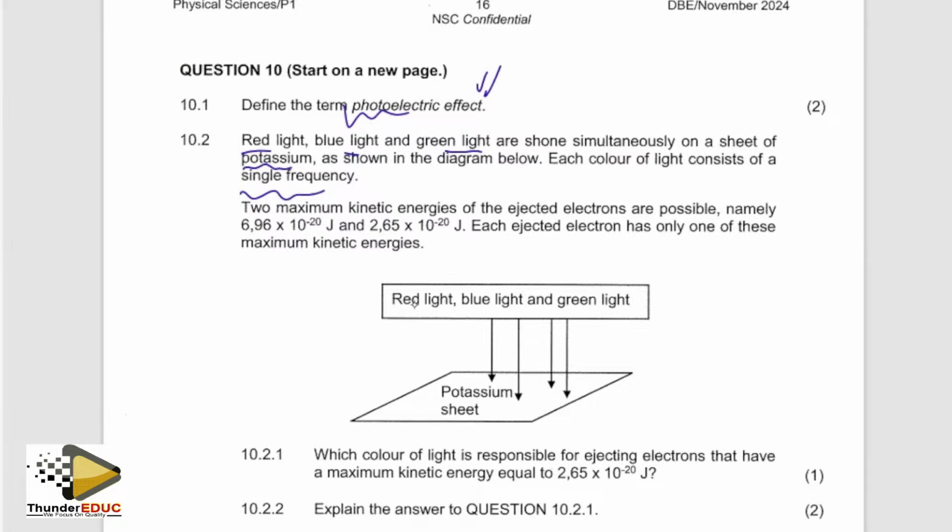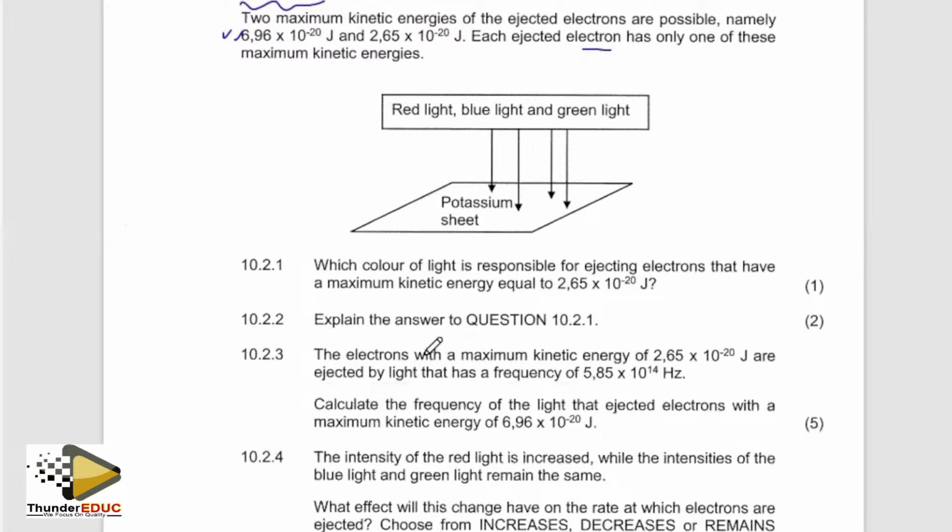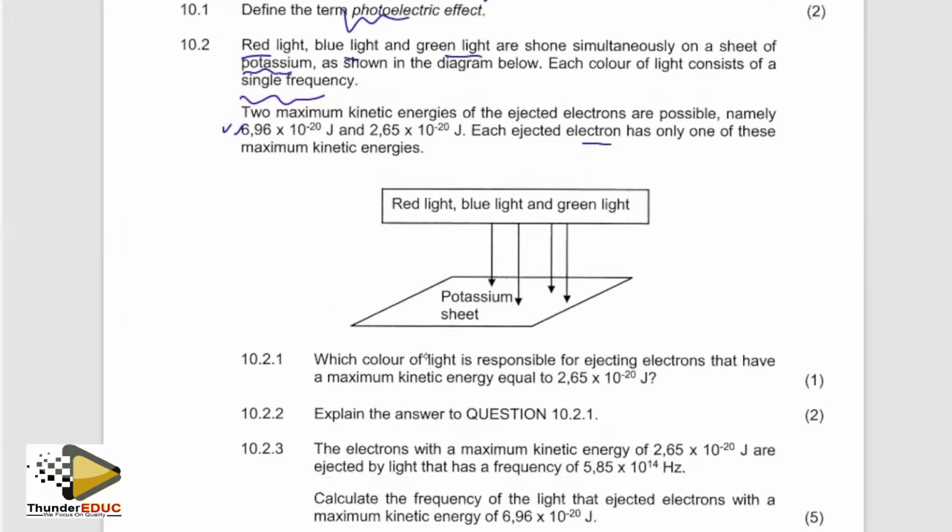We have two maximum kinetic energies of the ejected electrons which are possible: 6,96 times 10 to the negative 20, and 2,65 times 10 to the negative 20 joules. Each electron must have just one of them. Which color of light is responsible for ejecting electrons that have the maximum kinetic energy of 2,65?